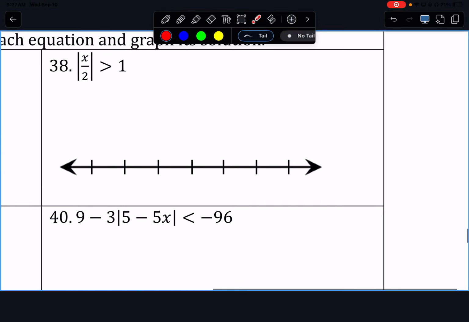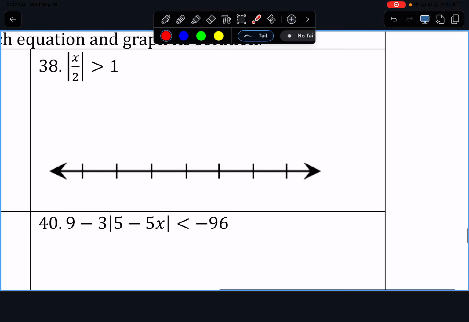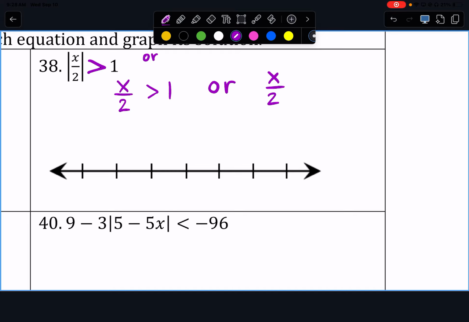So for 38, okay, this is greater than. So that means it's an AND or an OR. Or. So we are going to have x over 2 is greater than 1, or x over 2 is less than negative 1, switch.